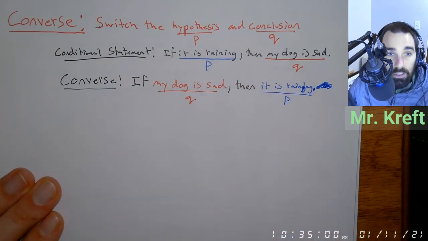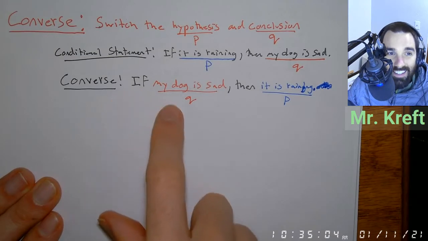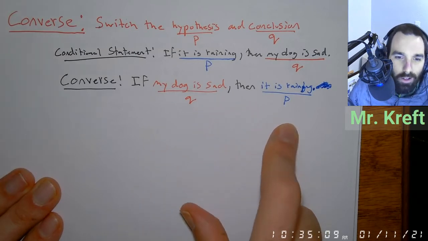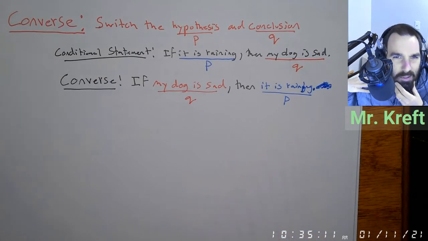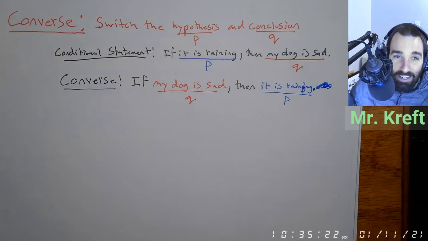A converse switches the P into the Q. So now read this statement. If my dog is sad, then it is raining. So now you might be thinking to yourself, wait a minute, is that true? Like, if my dog is sad, it causes there to be rain? That would be quite the puppy, right?